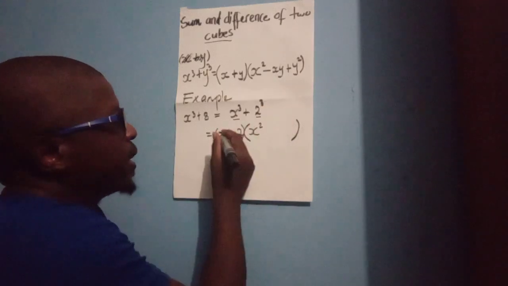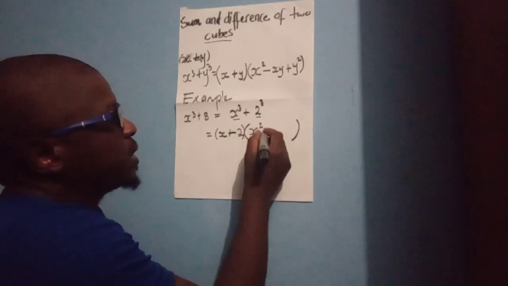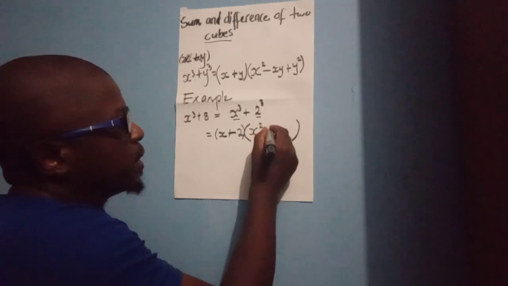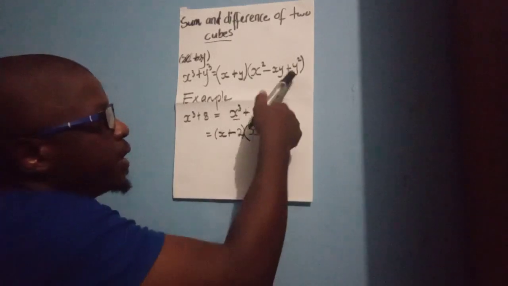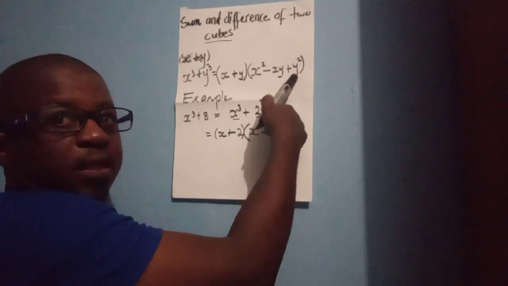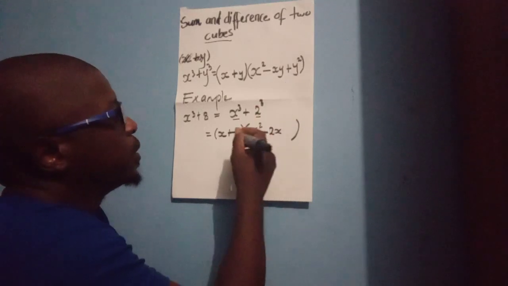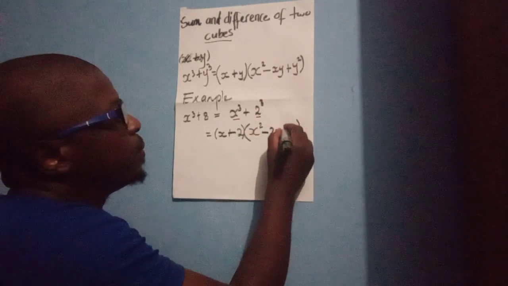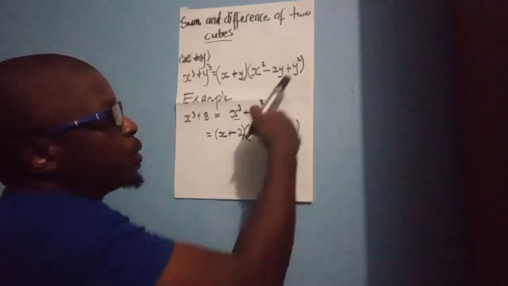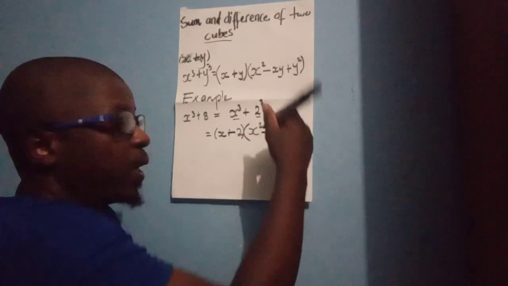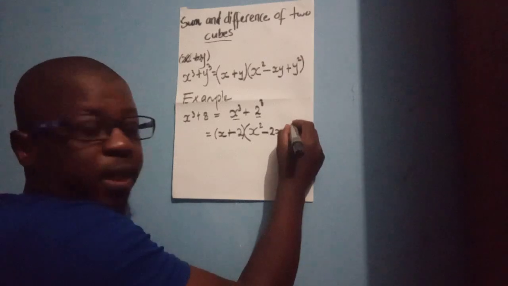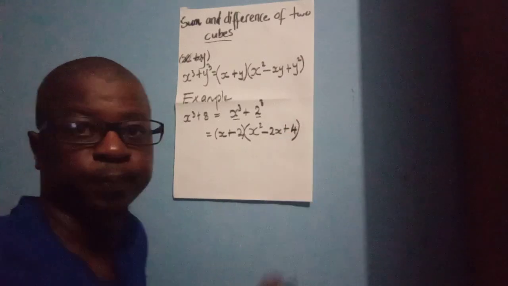Here we're going to have x times y, which in this case is a minus 2 times x. And then here we're going to have our last term, which is plus 2 squared, because our y is 2, so it's going to be 2 squared. 2 squared is a 4.